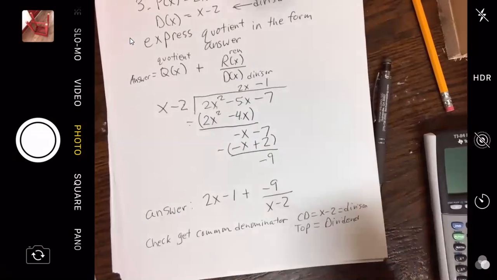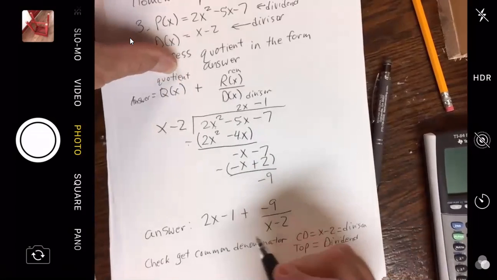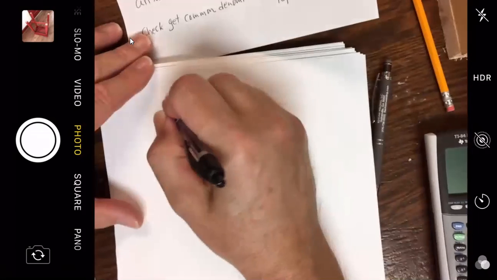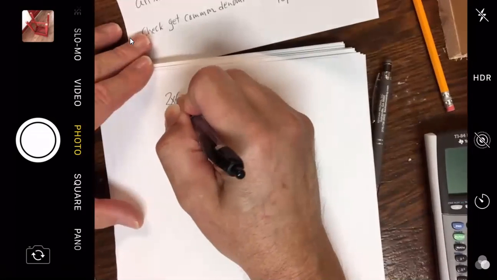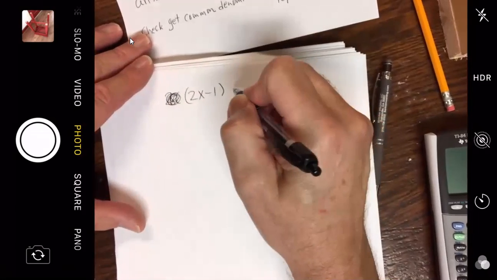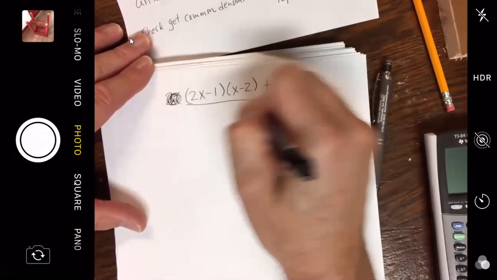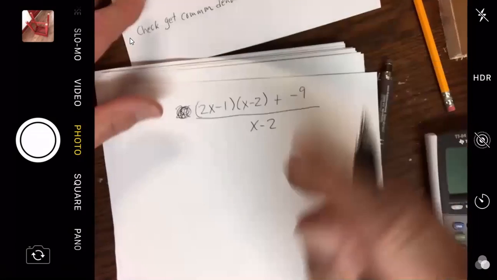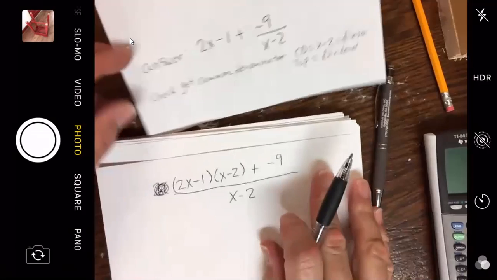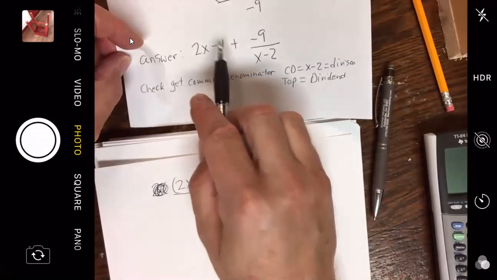So in effect, if you take 2x minus 1 times your x minus 2, add negative 9, and you're all over x minus 2. See, in effect, you've put the x minus 2 under this, but you got to put it on top.